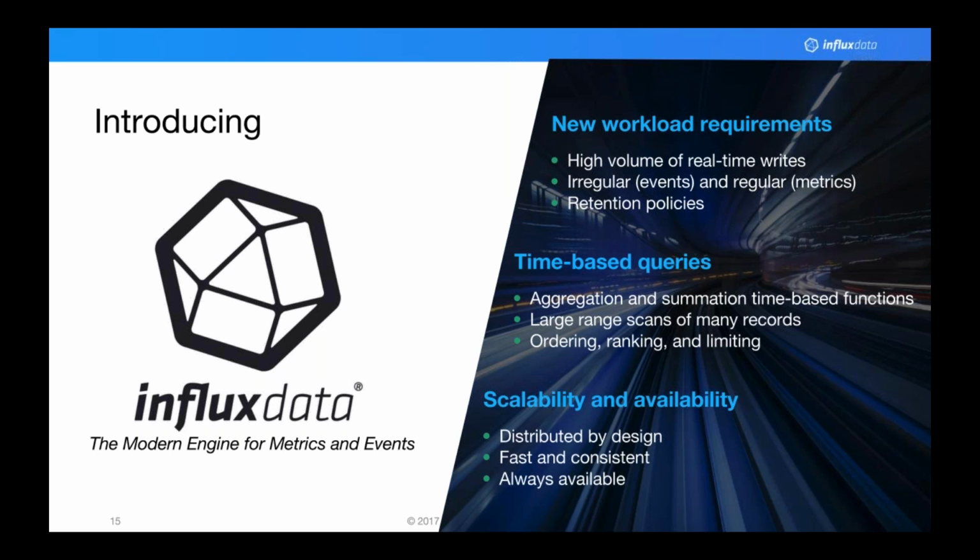And so when we're building out Influx Data, we've focused a lot on the requirements for this new workload of metrics data coming in, right? Which means our system is really optimized for a high volume of real-time writes of both regular and irregular events, right?